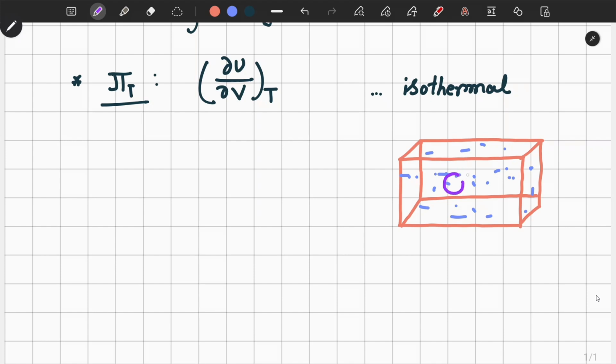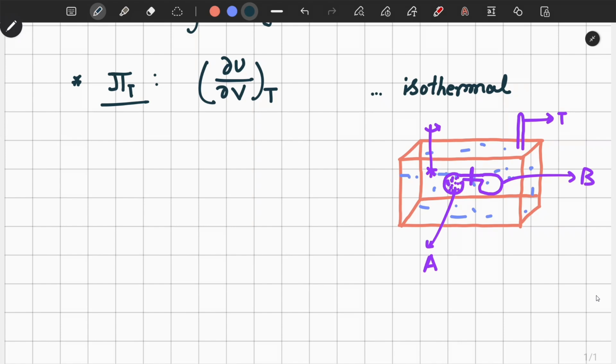And here he considered something like this, and here is a piston cock. This is filled with a gas. This bulb is A and this bulb is B. Here he has a stirrer, and there is a thermometer to measure the temperature. This is the experimental setup.